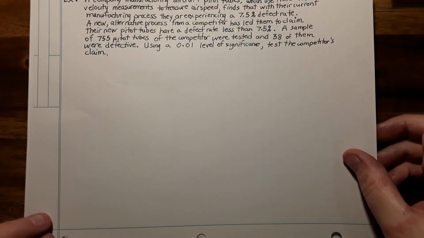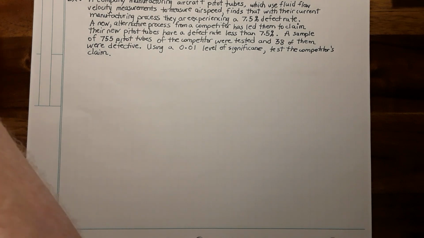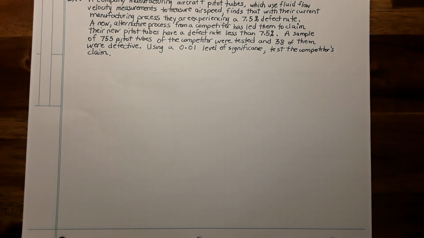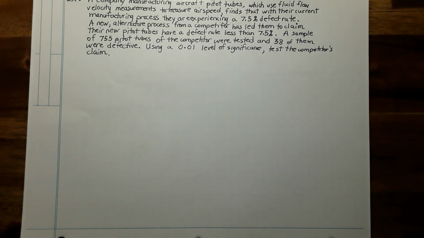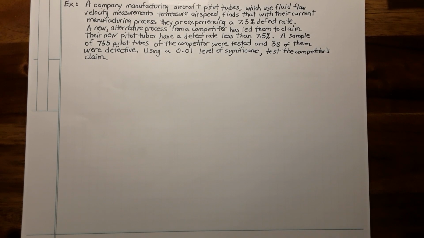So here's a typical example that you might see on a test where you have to test a claim that is being made about a population proportion. In this example, a company is manufacturing aircraft pitot tubes, and pitot tubes are little Bernoulli tubes which mount on the side of the aircraft, and they use fluid flow velocity measurements.